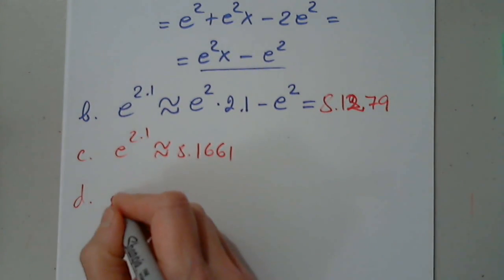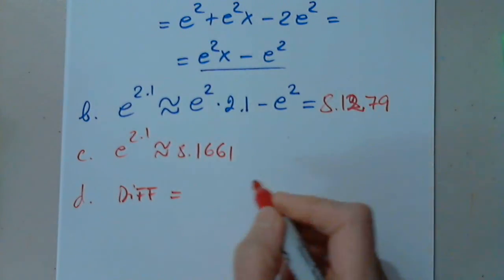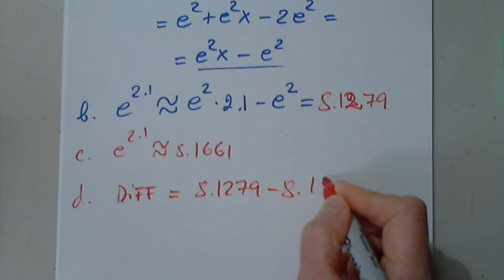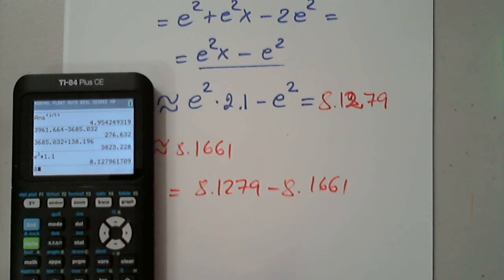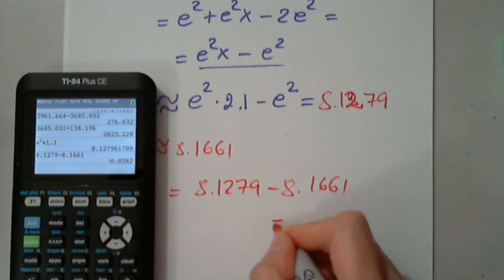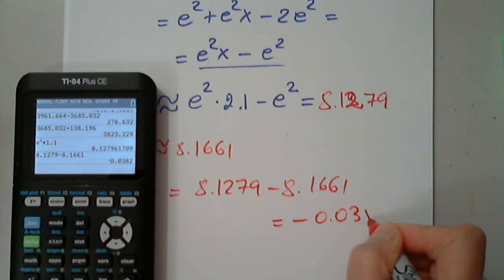So then the difference is 8.1279 minus 8.1661. So the error is negative 0.0382.